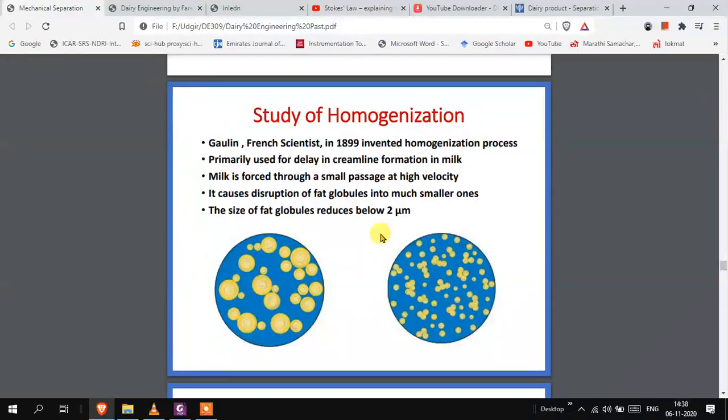So in the figure you can see that this is the unhomogenized or raw milk, okay, and when it gets homogenized, the size of the fat globules gets reduced below 2 micron. This can be seen by using a microscope also.